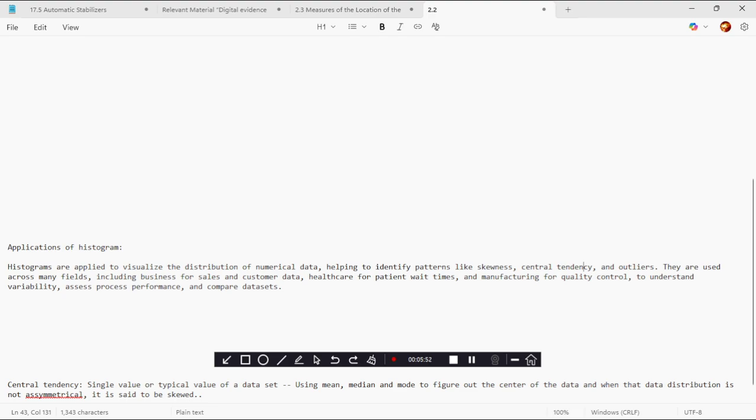It may be used to assess performance, so let's say you have athletic performance or student performance. You may use your histograms to assess or evaluate performance in general. And it may be used to compare data in general. Data comparison is another reason why people use histograms.